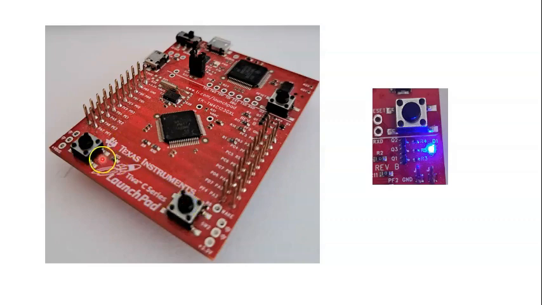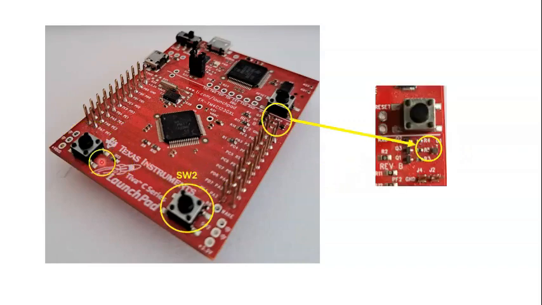When SW1 is pressed, an interrupt will be generated and the blue LED will switch on. If SW2 is pressed, an interrupt is generated and the LED turns off.